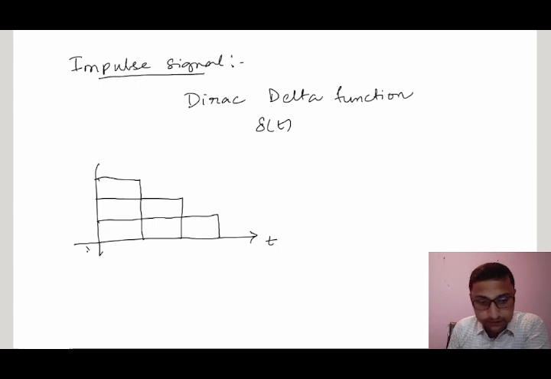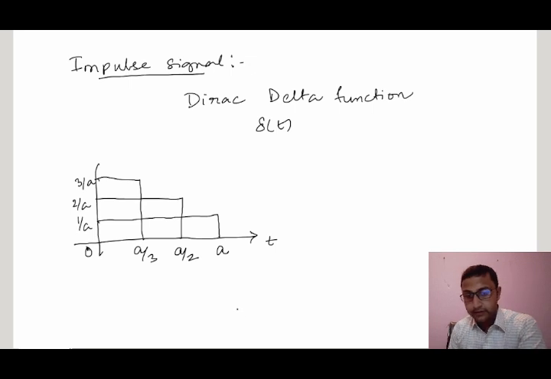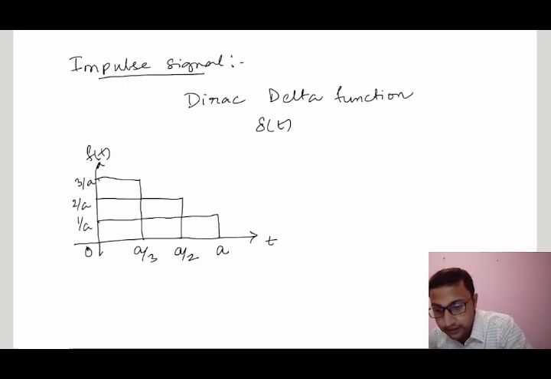Okay, suppose this is 0, this is A, this is A by 2, this is A by 3. Similarly, this point is 1 by A, this point is 2 by A, and this point is 3 by A. This is a function of time. We have already discussed the gate function.